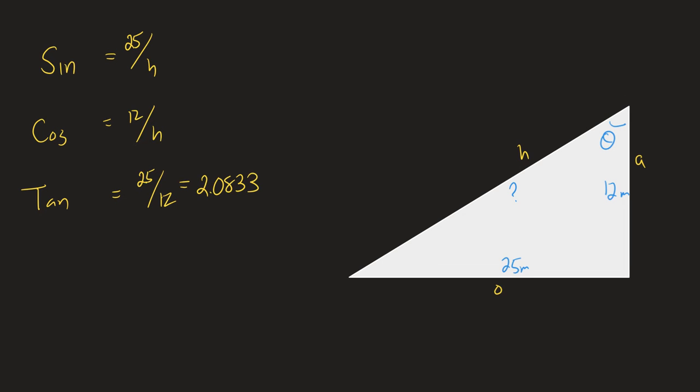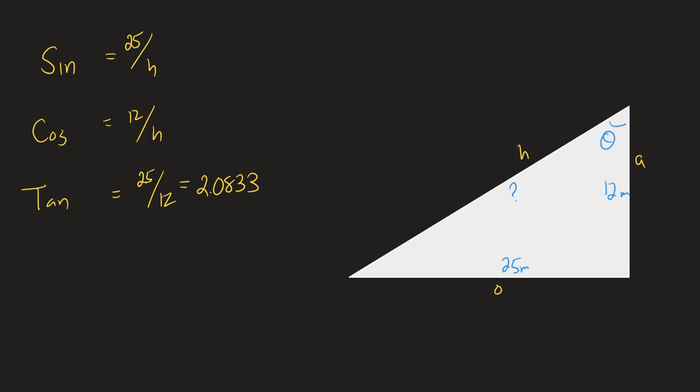But here's what I'd like you to do. Look at the trig function to which you have the ratio. We want to find out what angle goes with that ratio. So apparently there will be an angle that corresponds to 2.0833. To find out what that is, you need to do the inverse of your trig function. In this case, we're going to do the inverse tangent.